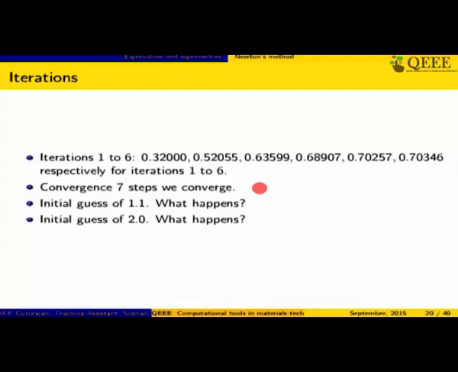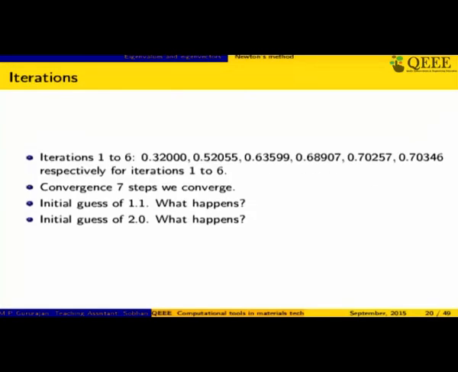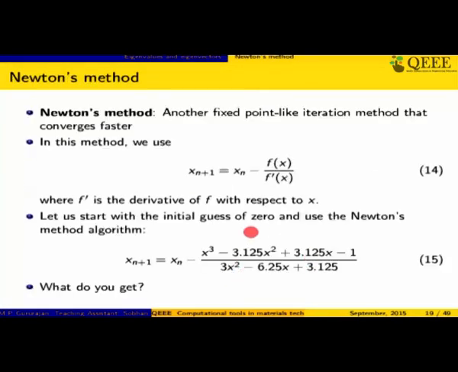Okay. So now let us take this and take an initial guess of 1.1. I want you to take an initial guess of 1.1 and tell me what is the x_{n+1} value you get. So iterate using this formula by taking the initial value of x as 1.1.